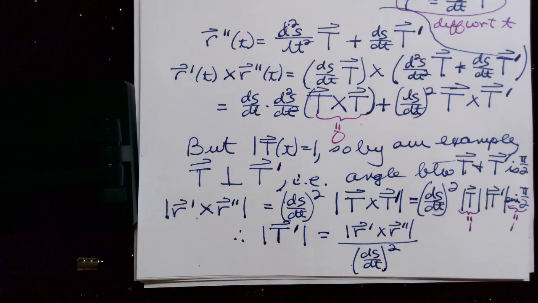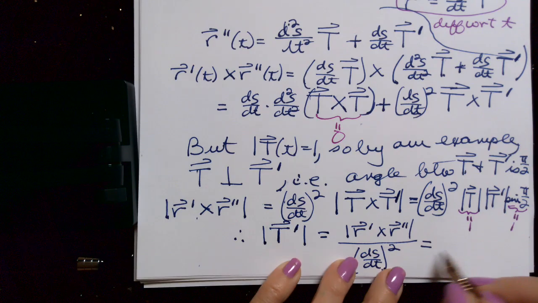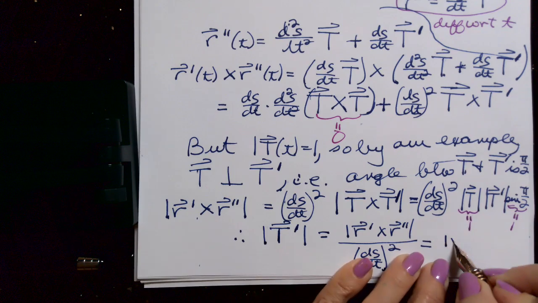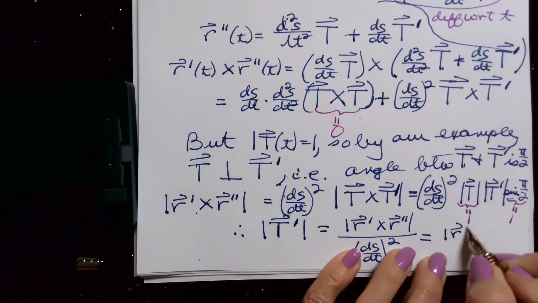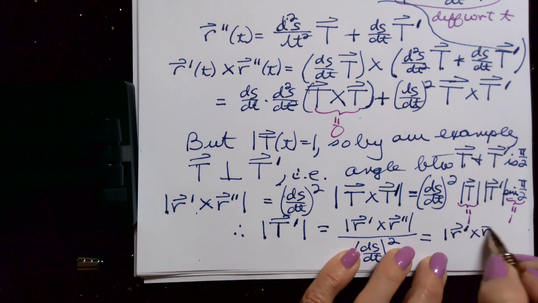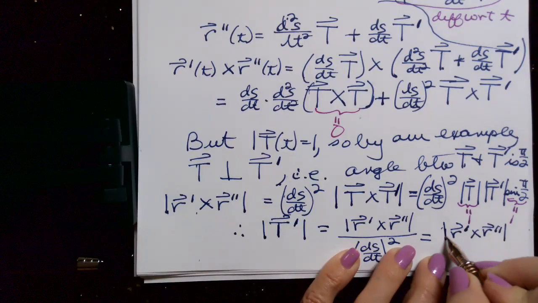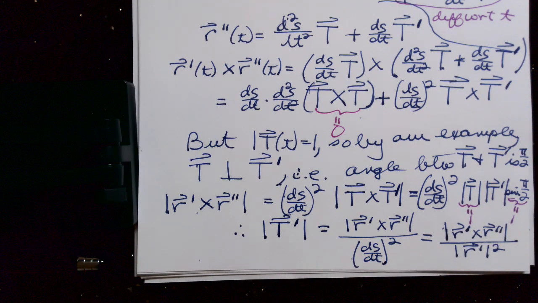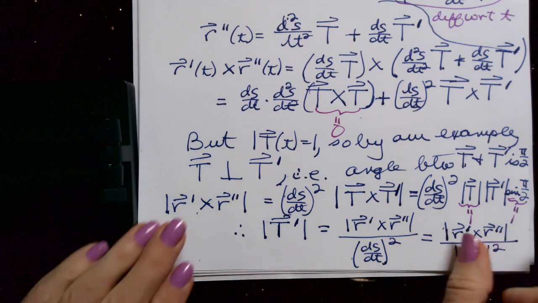But what is ds/dt? ds/dt is the length of r prime of t. So this is the length of r prime cross r double prime divided by the length of r prime squared. Okay, so we have this formula for the length of T prime.